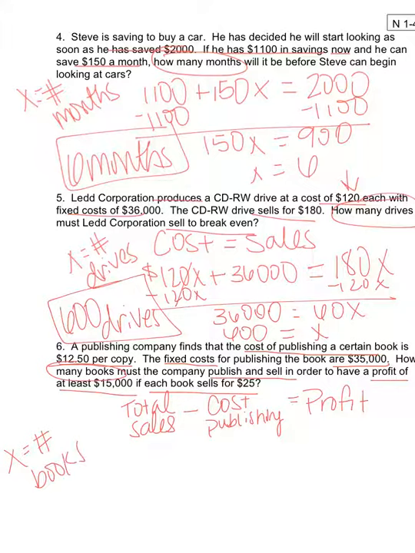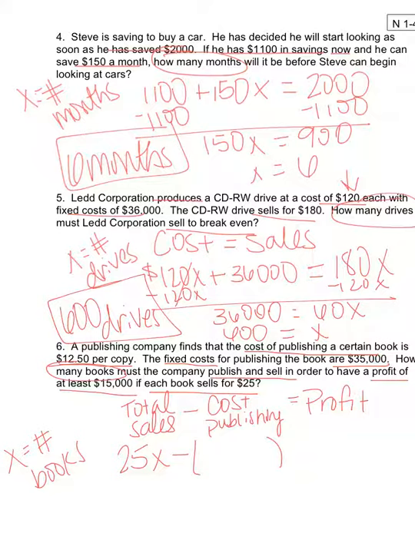So total sales, they are selling the books for $25 each. So that would be 25 times the number of books sold. So that would be 25x. We are subtracting the cost of publishing the books. So most of the time on cost of publishing or producing, there's going to be more than one, so I'm going to put in parentheses here.